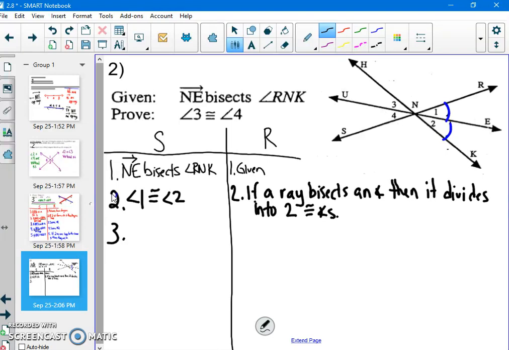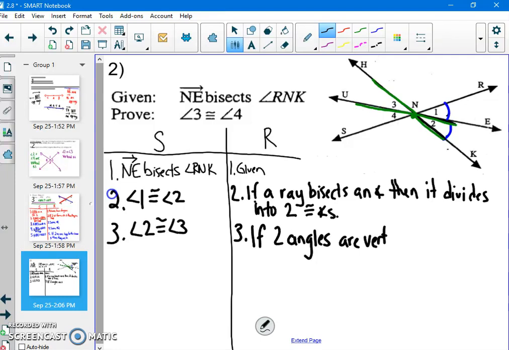So I'm going to look at angle 2 here. I'm going to look at it being congruent with angle 3 because they share that vertex and they're vertical. So angle 2 is congruent to angle 3, and that's if two angles are vertical angles, then they are congruent.